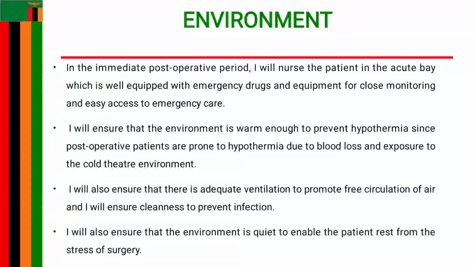You can talk about ensuring that the environment is warm enough to prevent hypothermia because during intraoperative phase, the patient was in theater, which is a cold environment. Hence, we need to restore homeostasis by nursing them in a warm environment. The environment should have adequate ventilation and, of course, be quiet as well. This will help the patient rest from the stress of surgery.